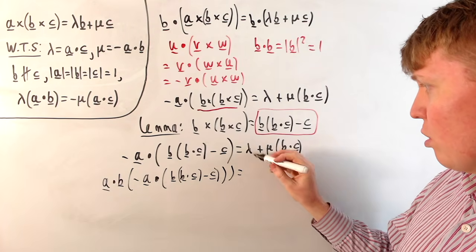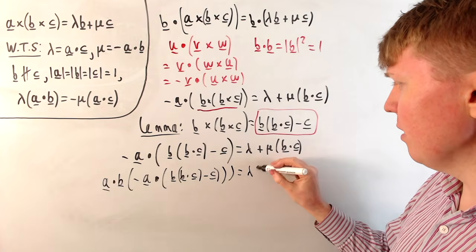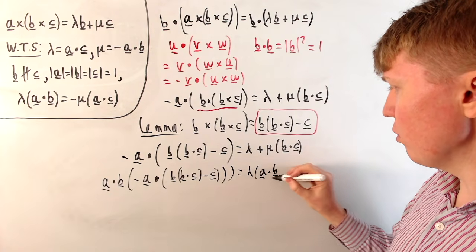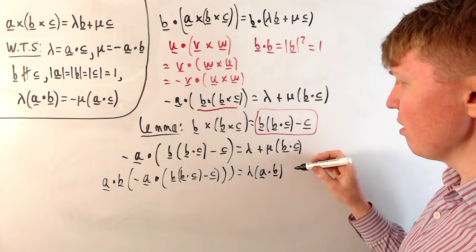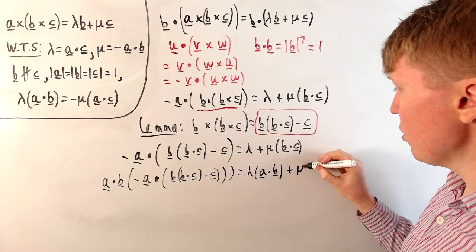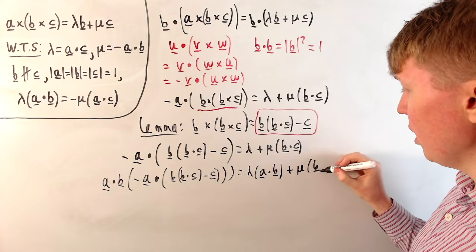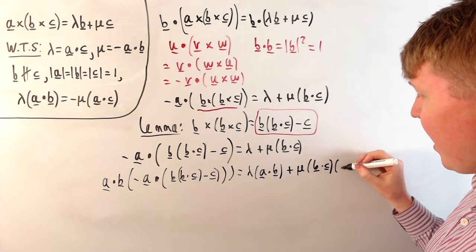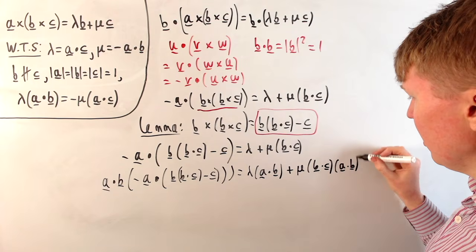And this is equal to lambda times A dot B, which you can see we're now going to be able to replace with negative mu times A dot C, and then we've got plus mu times B dot C, and then we've also had to multiply this by A dot B as well.